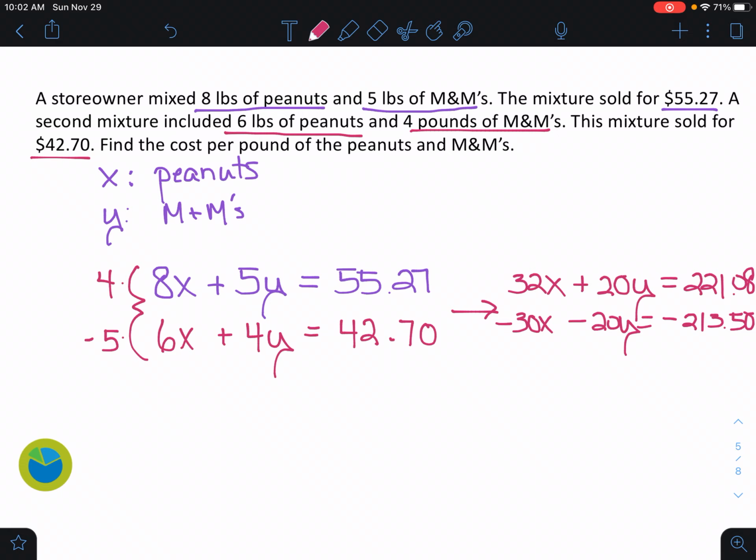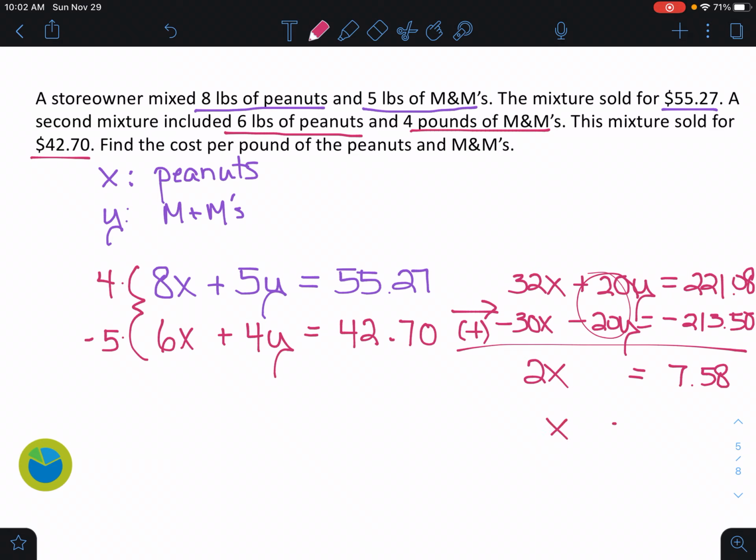Okay, so I'm going to add these together, and this is 2x, this eliminates, and I'm going to add these together, and I get 7.58. All right, solving for x, I'm going to divide that by 2.